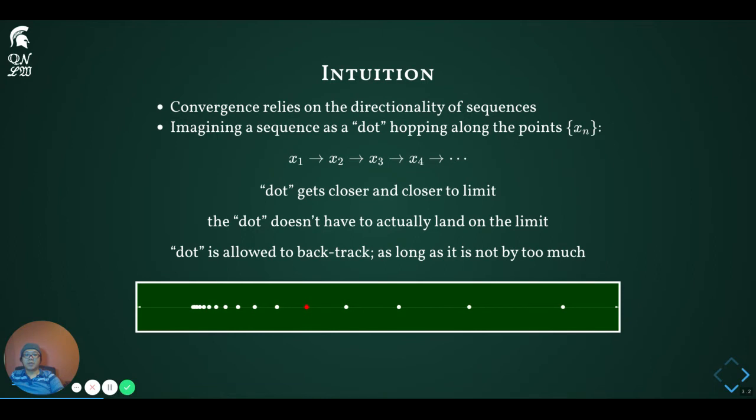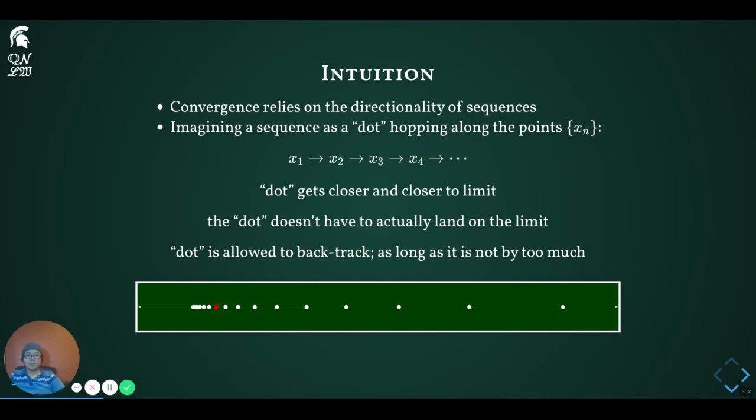For example, let's watch this animation a little bit. The white dots represent the values that can be taken by the sequence. We don't show all of them and truncate the animation after 50 or so steps, but already you can see that the possible values accumulate near the left end.